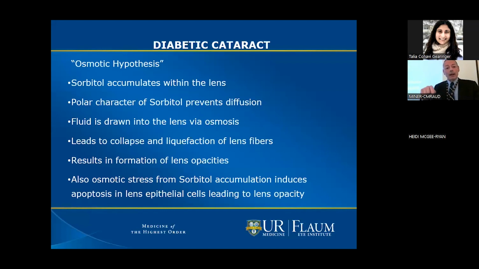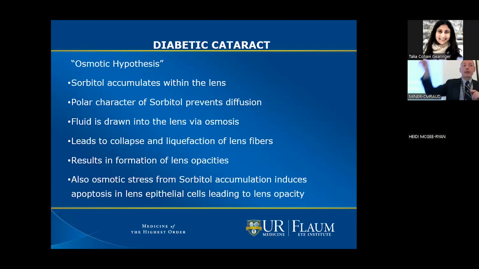So the osmotic hypothesis states that, like we said earlier with refractive error, sorbitol comes into the lens, draws fluid into the lens through osmosis, and that can cause physical destruction to the lens fibers themselves.